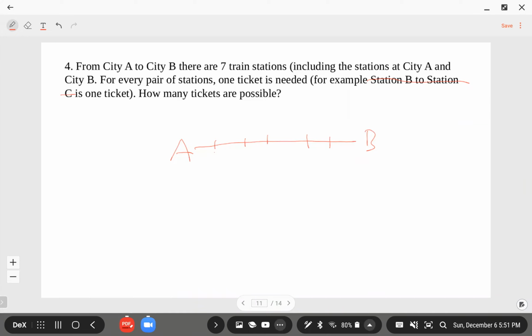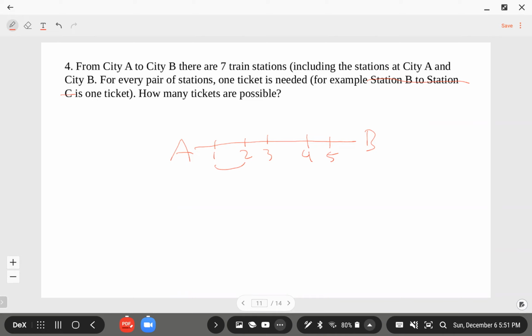So this is 1, 2, 3, 4, and 5, and station A to B are also stations. So station 1 to station 2, that can be a possibility, and 1 ticket is needed.